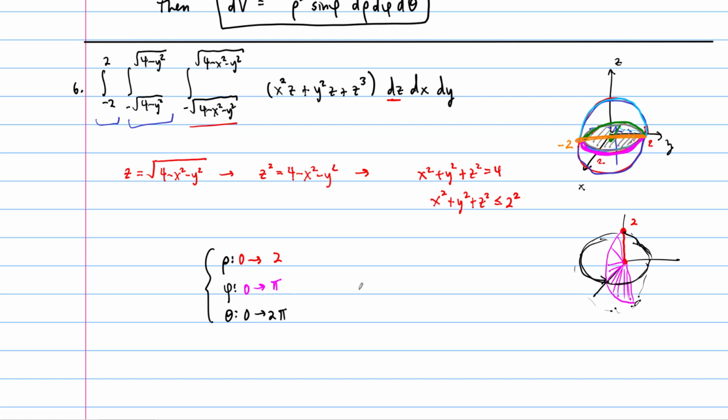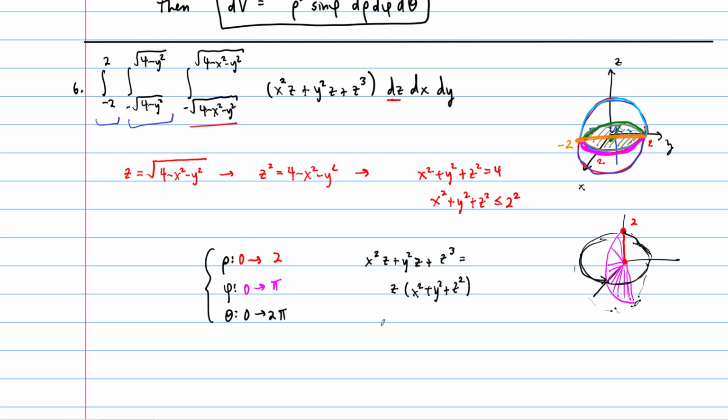It's perfect, right? The next thing we need to do is look at the integrand or the volume element. Either one is fine, but we'll look at this one next. So this one is x squared z plus y squared z plus z cubed. This can be rewritten as z times (x squared plus y squared plus z squared).